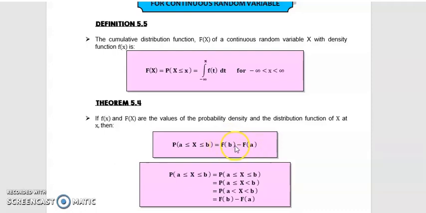This is the cumulative distribution function. So how to find this probability if we have the cumulative? Just simply F(b) minus F(a), where b must be the upper limit and a the lower limit.